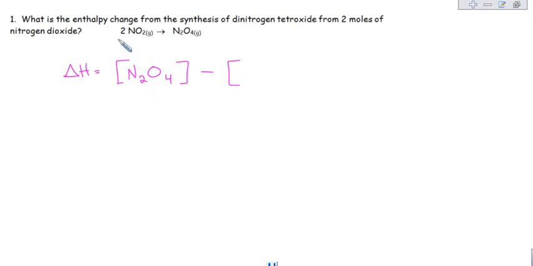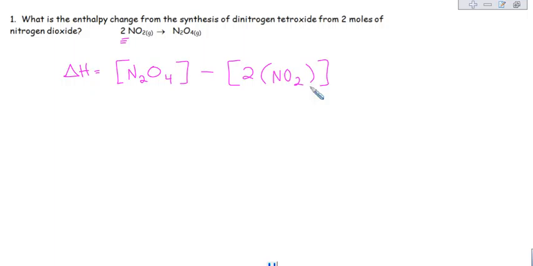If you have a coefficient in your balanced equation, that's a ratio of moles. So I need 2 moles of the nitrogen dioxide. Let's just multiply by 2. Products minus reactants. Multiply by any coefficients in the balanced equation.